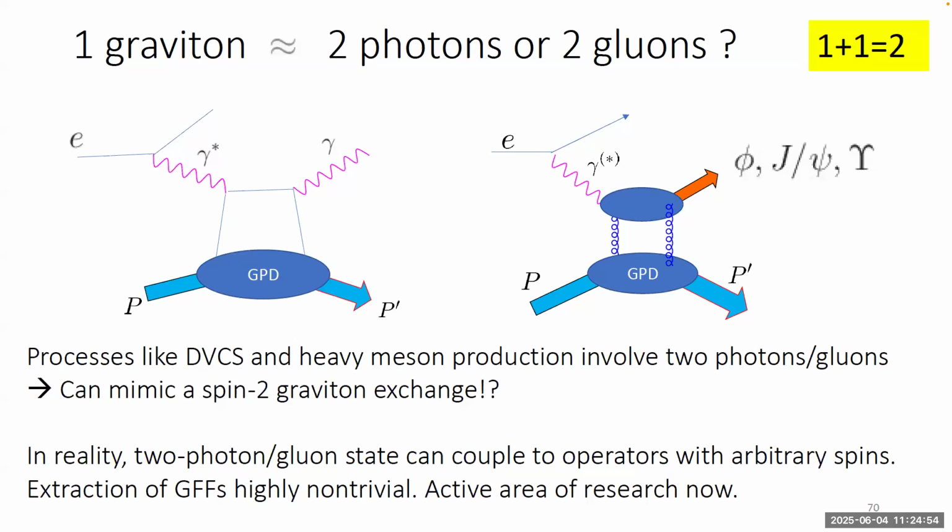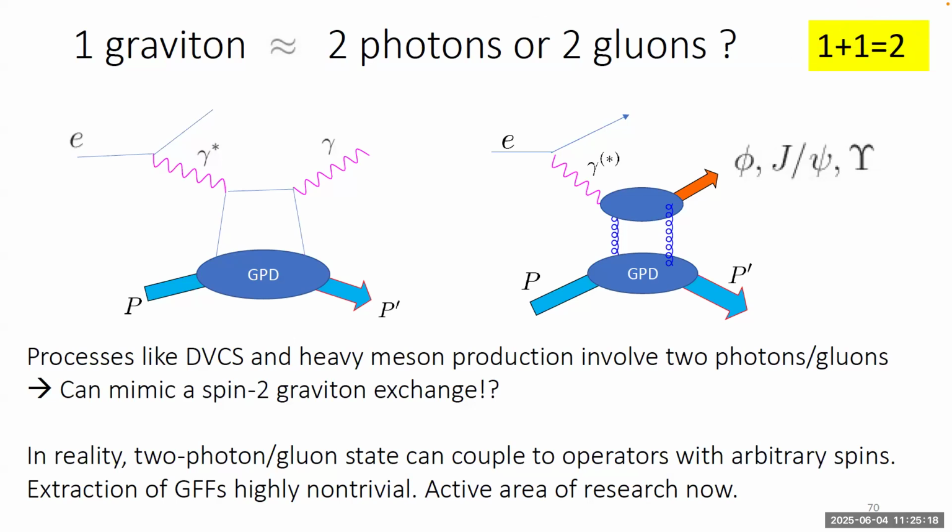The graviton has spin 2, but we don't have it. But maybe we can mimic a spin 2 particle with two spin 1 particles, like two photons or two gluons. So the idea is very simple: 1 plus 1 is 2.